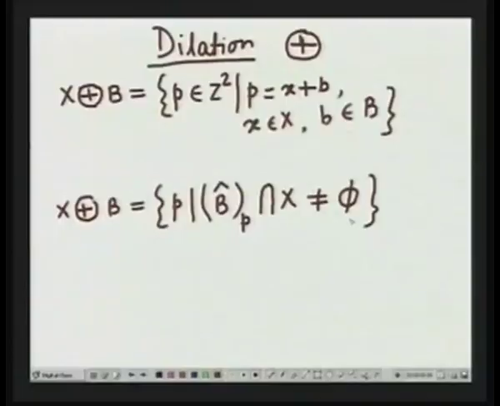I take the reflection of the structuring element capital B and then translate it by a vector say P. Then I take the intersection of this translated reflection of set B with the set of points capital X. And if this intersection is not null, in that case the translation vector P is a member of X dilation with B. And we will see that though we have two different definitions of dilation, both these definitions are equivalent in the sense that they produce identical results.